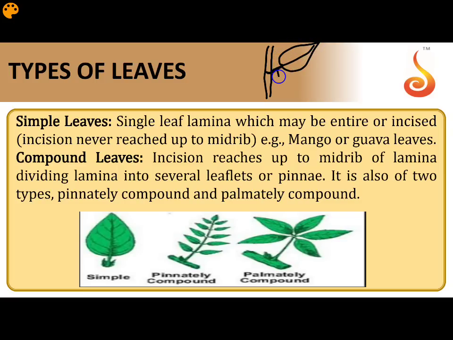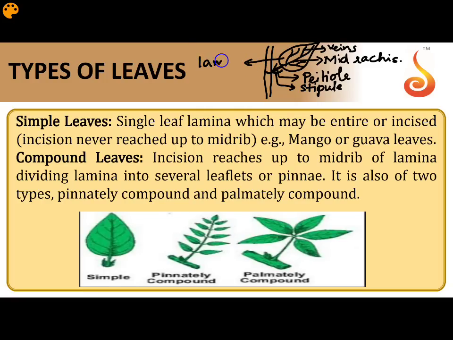So, this part is named as petiole, and here you can see there is an extended leaf-like structure called stipule, and in the center you have the mid rachis or the main vein, and around it you have the subveins growing. This entire region is called the leaf lamina.